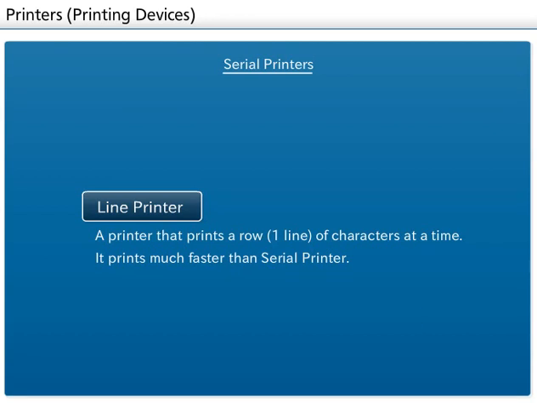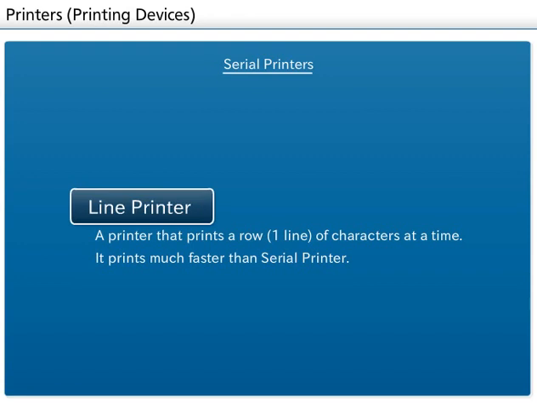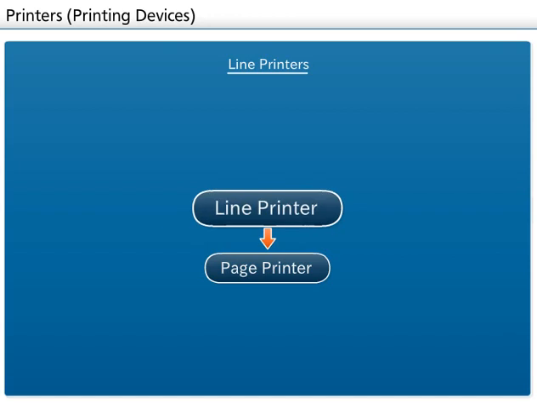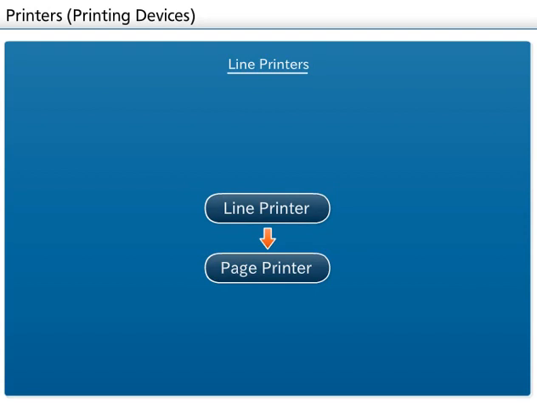B. Line printers. A printer that prints a row, one line, of characters at a time is called a line printer. It prints much faster than a serial printer. A line printer was used a lot in the past for general-purpose computers.